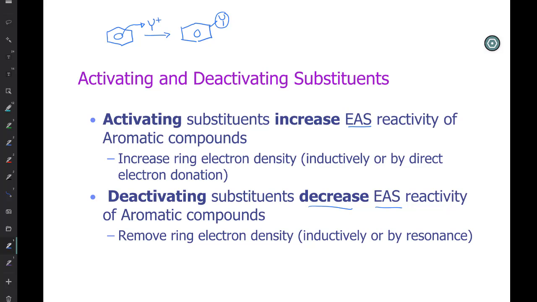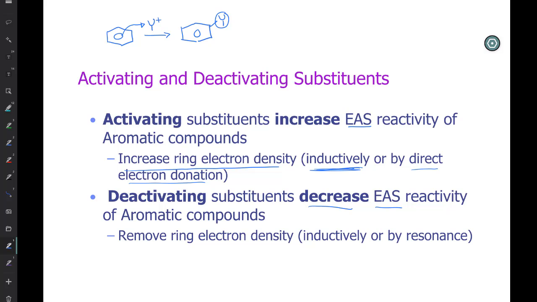So what activating substituents do is they increase the ring electron density either by induction, that is donating effects, or by direct electron donation. So inductively would be hyperconjugation, actually not by moving electrons, but by projecting electron density through the orbitals of bonds.